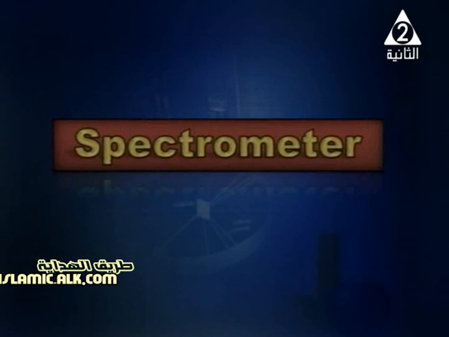And now talking about the structure of the device used to analyze light coming from the atom. It analyzes light into visible and invisible components. It is the spectrometer.